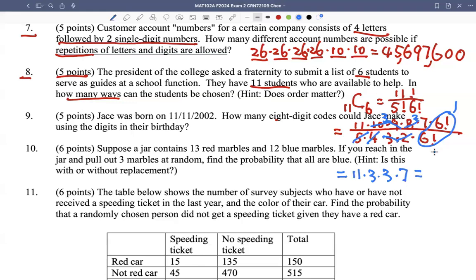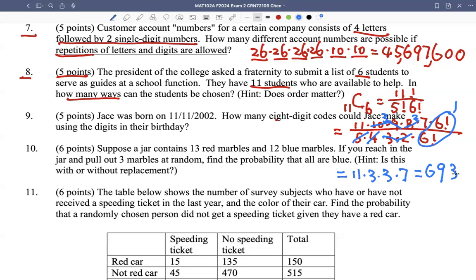And the denominator is just 1. Then we just use our calculator to do 11 times 63, right? Because 3 times 3 is 9, 9 times 7, 63. Or you can just go one by one. 11 times 3 is 33, times 3 is 99, so on and so forth.